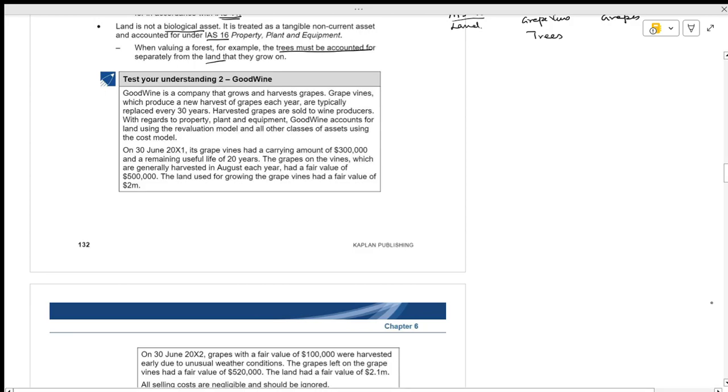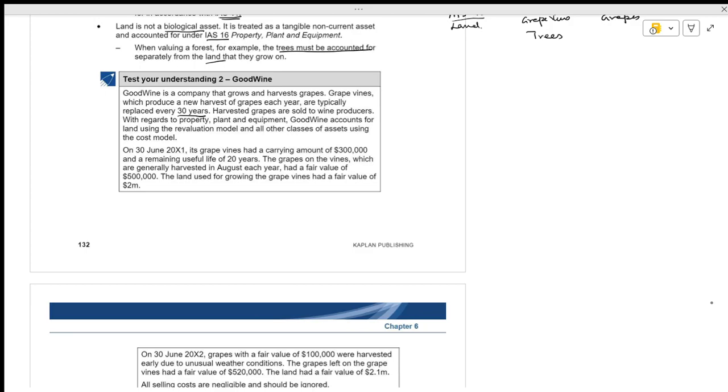Good Wine is a company that grows and harvests grapes. Grapevines, which produce a new harvest of grapes each year, are typically replaced after how many years? 30 years. Means the life of the grapevines is 30 years. Harvested grapes are sold to wine producers.